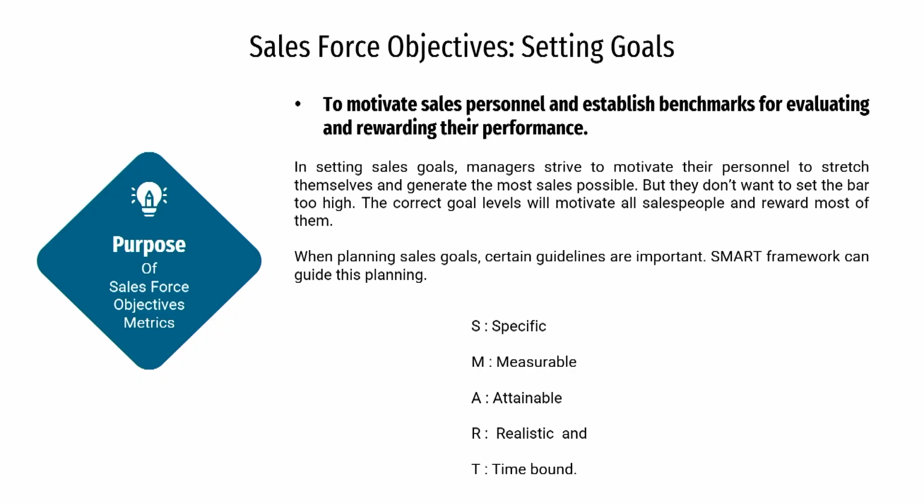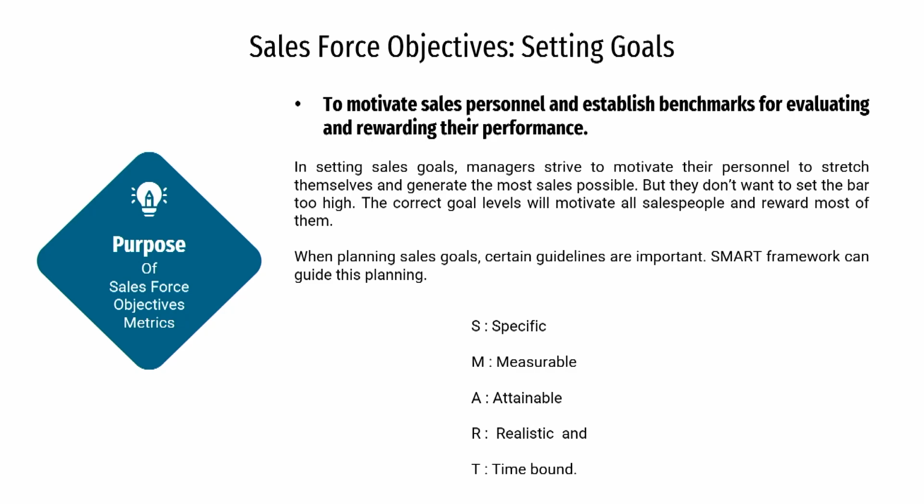Now, let us look at the purpose of the Salesforce objectives matrix. What is that objective? What is the purpose? To motivate the sales personnel and establish benchmarks for evaluating and rewarding their performances. In setting the sales goals, managers strive to motivate their personnel to stretch themselves and generate the most sales possible.